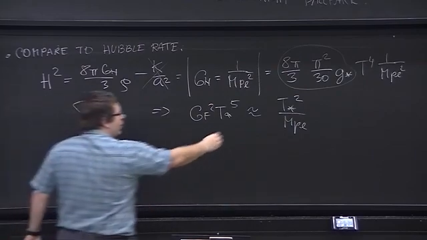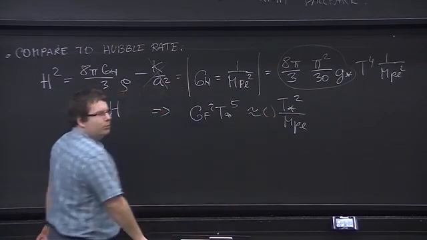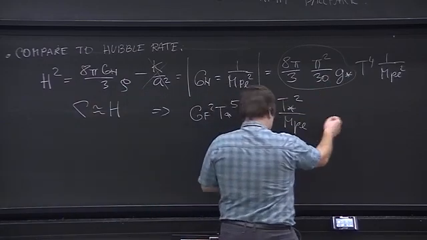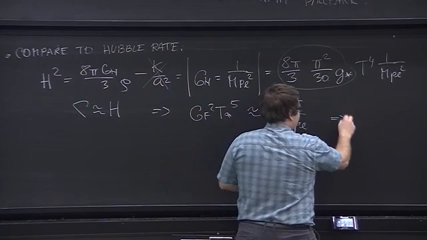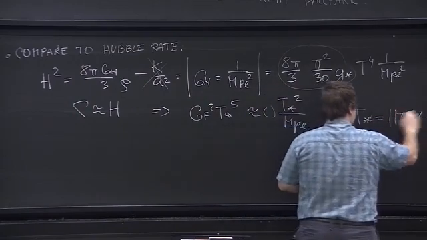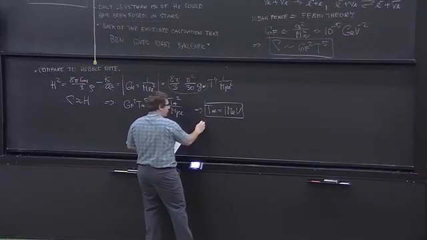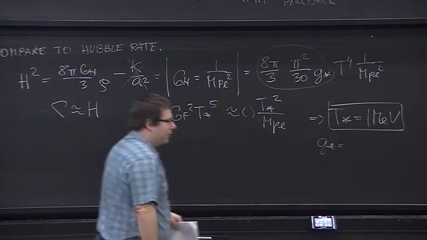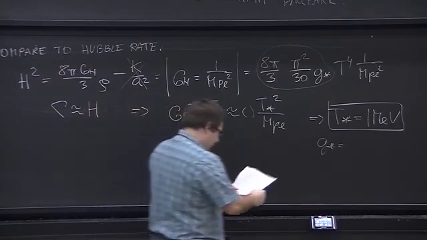If you plug in and calculate all these things, this gives you that T star is approximately 1 MeV. And here I use that g star, which is the number of relativistic particles at that temperature, is approximately 10.